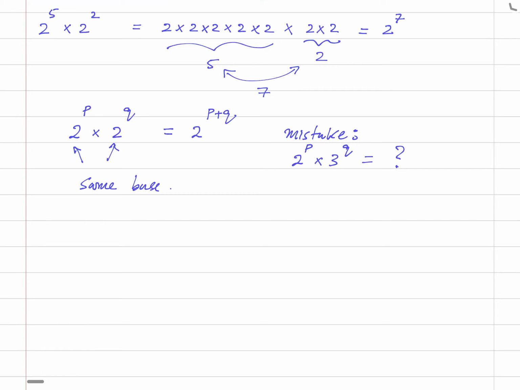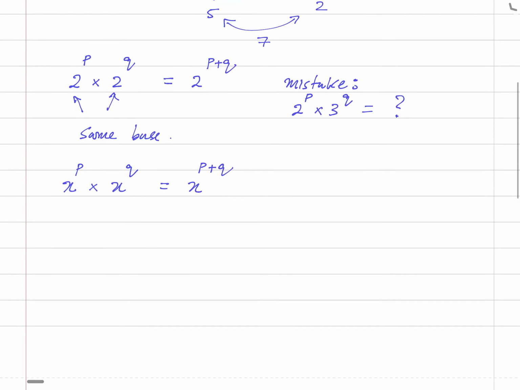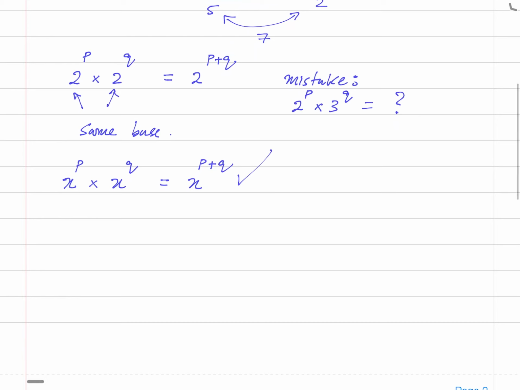If I do a more general example, let me take x to the power p times x to the power q. So bases are equal. Now powers are additive. So x to the power p plus q. So this is the correct answer.